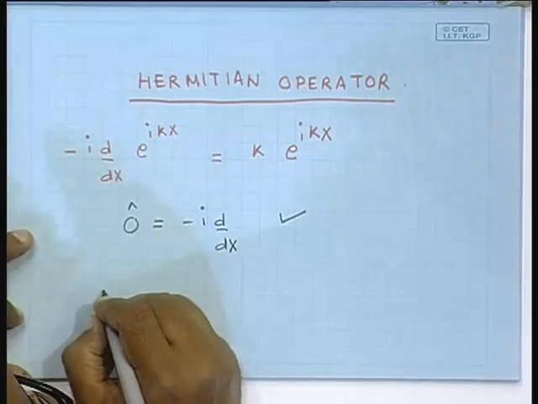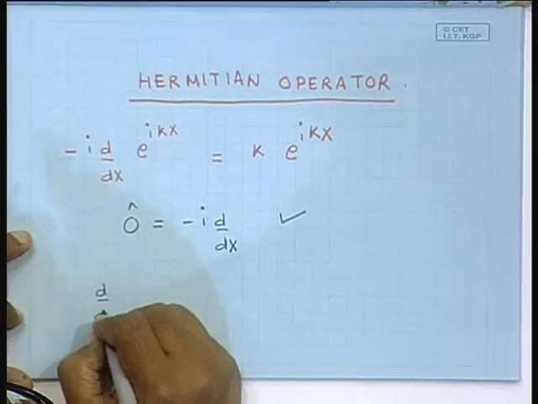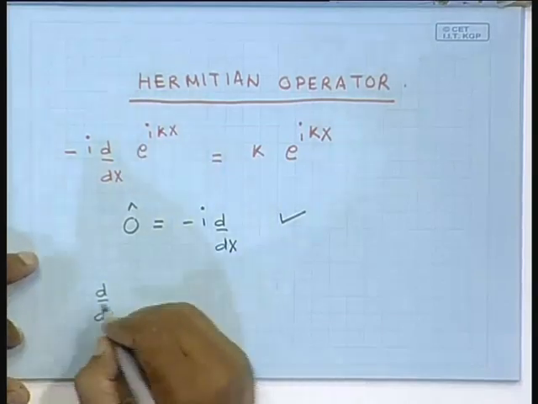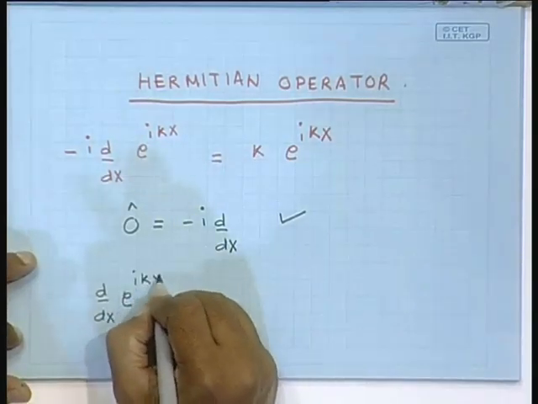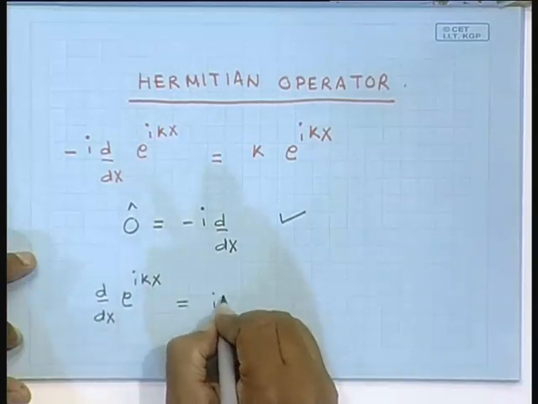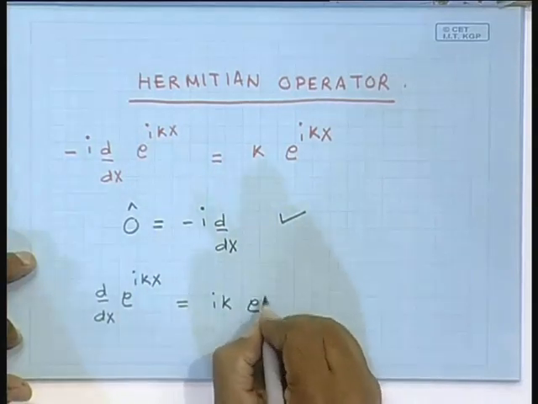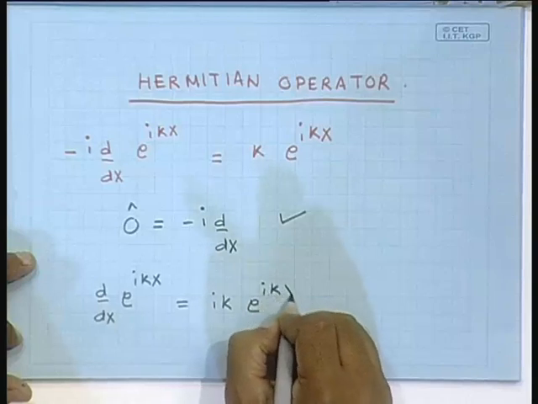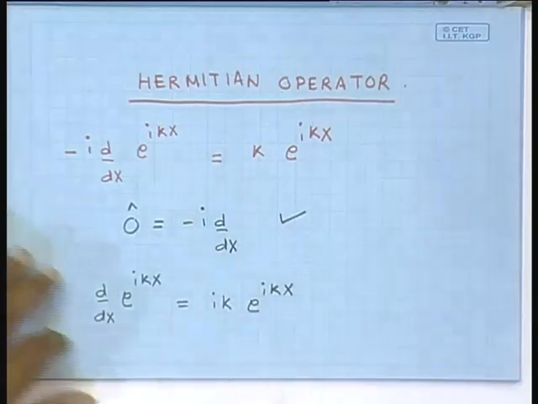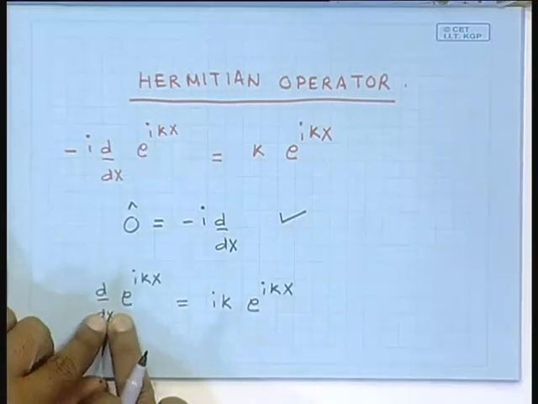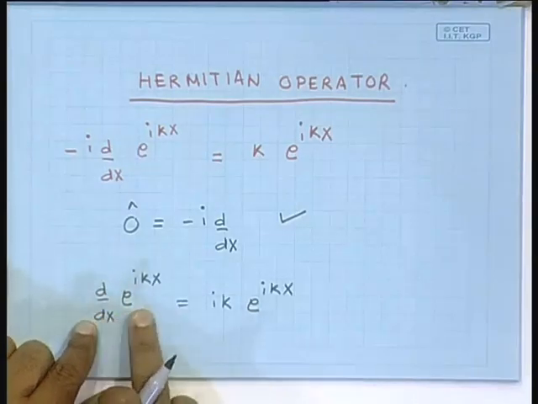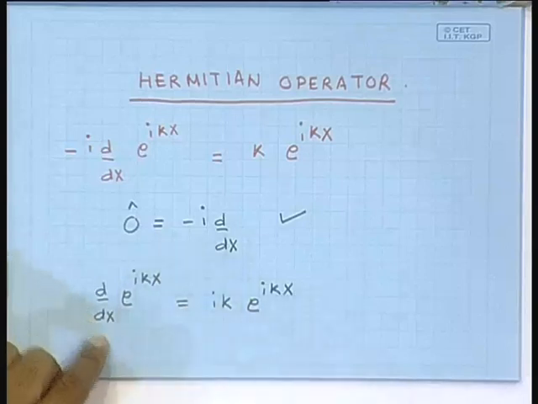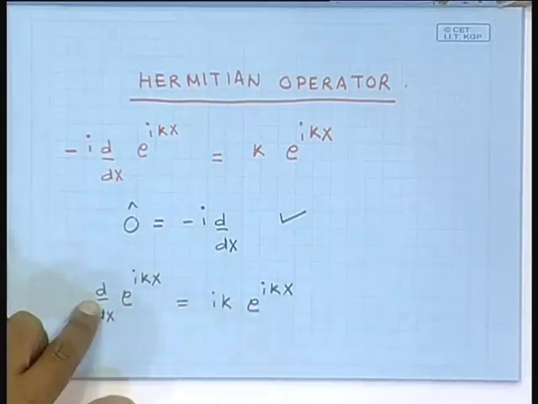Let us look at this operator d by dx. So, d by dx acting on e to the power i k x gives me i k into e to the power i k x. Now, notice that this e to the power i k x is an eigenfunction of this operator and it has an imaginary eigenvalue. Such an operator is not Hermitian.